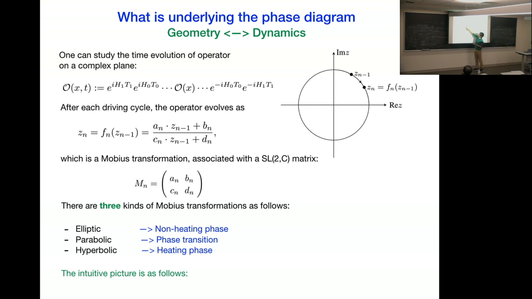We have (az + b) over (cz + d), where z is the coordinate of the operator. Why does it move rather than spreading out? It will not spread out because this is integrable. This is CFT, and we only use the Virasoro algebra. So this operator will always move in a definite, fixed way.